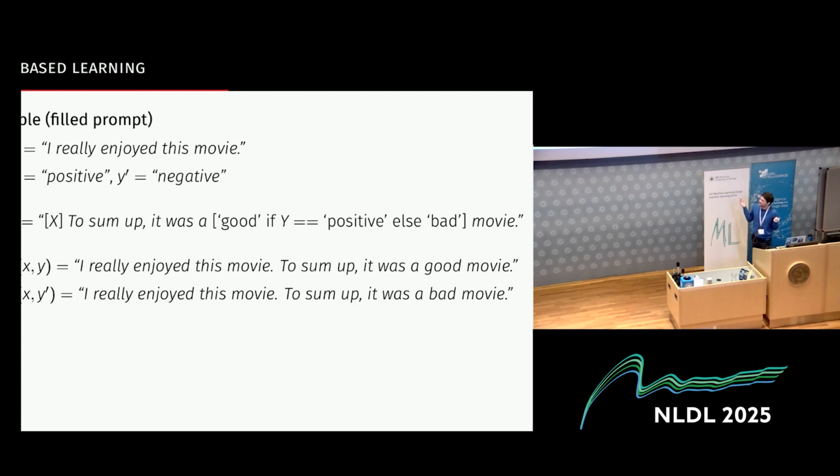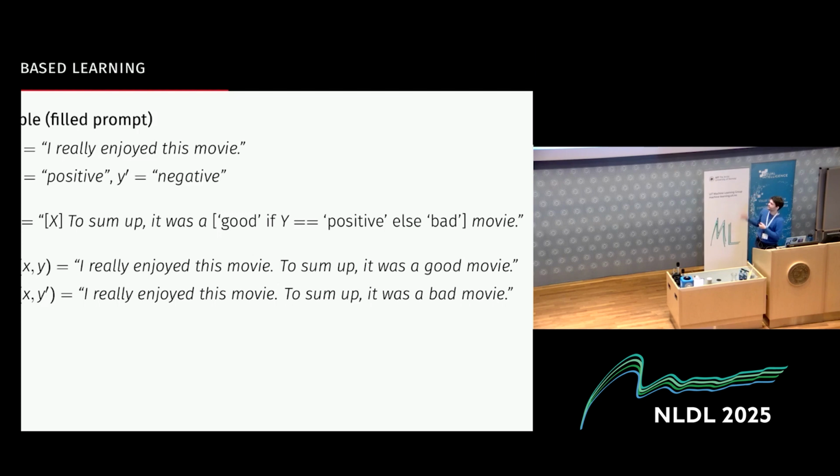And if you have a language model that has some degree of understanding of a language, it should assign a higher probability to the first sequence than to the second sequence, because the second sequence doesn't really make sense semantically. By doing this, we can infer that the label in this case is positive, because the first sequence has bigger probability.